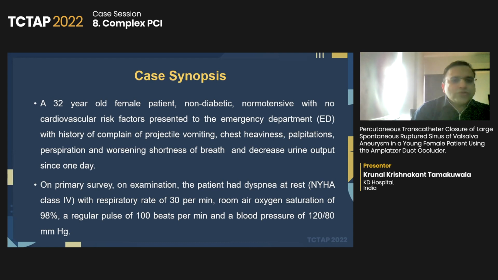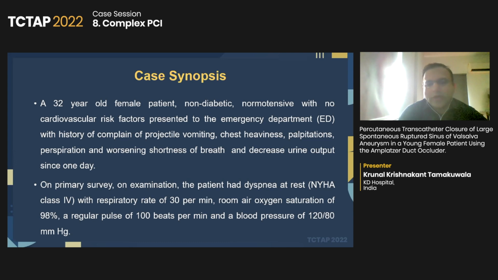She was a 32-year-old female patient, non-diabetic, non-hypertensive, with no cardiac risk factors, presented to the emergency department with history of projectile vomiting, chest heaviness, palpitation, perspiration, and worsening of shortness of breath. And of course, there was decreased urine output for the past 24 hours. She was anuric.